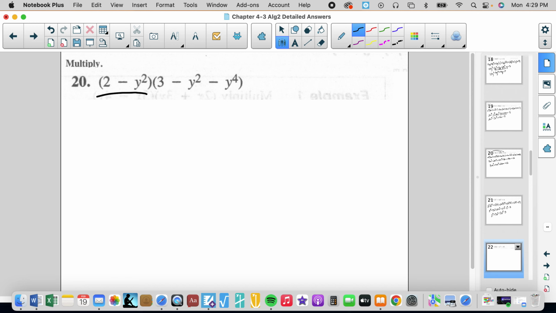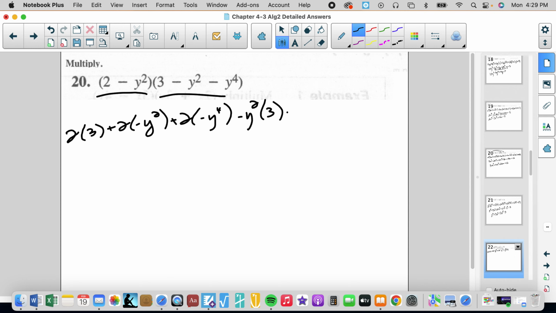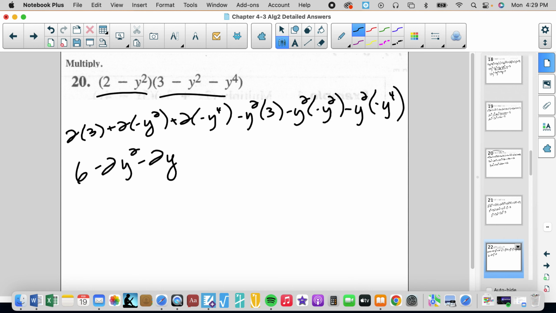All right, now this isn't in standard form, nor is this, so we most likely will have to rewrite our final answer in standard form. 2 times 3 plus 2 times negative y squared plus 2 times negative y to the 4th minus y squared times 3 minus y squared times negative y squared minus y squared times negative 4y. 6 minus 2y squared minus 2y to the 4th minus 3y squared plus y to the 4th plus y to the 6th.